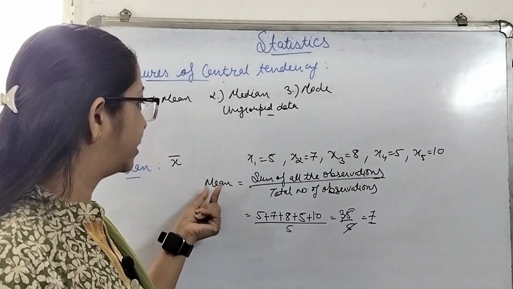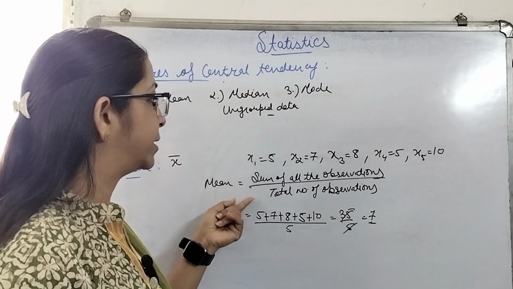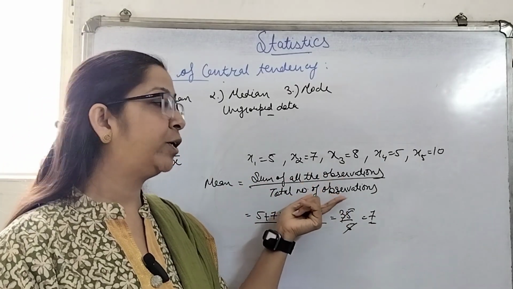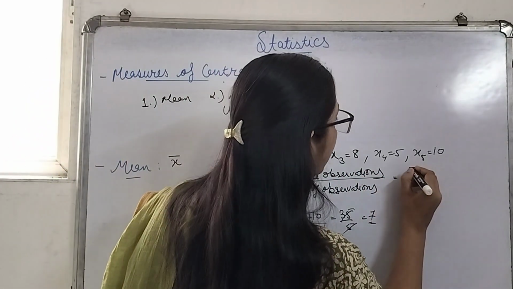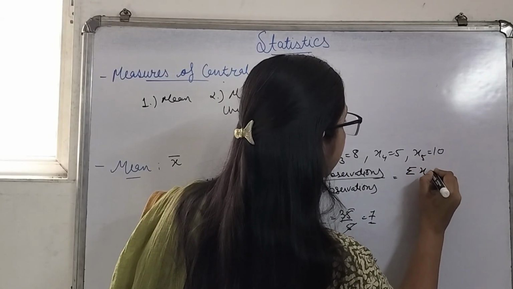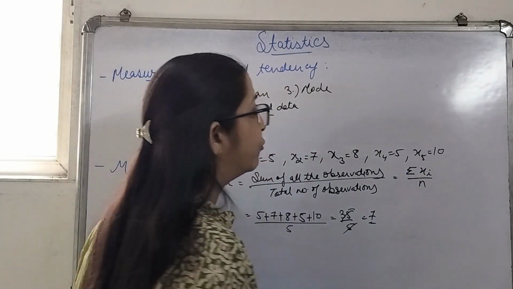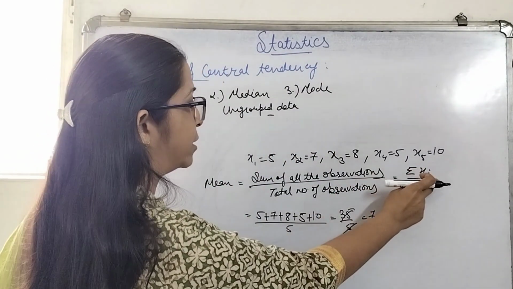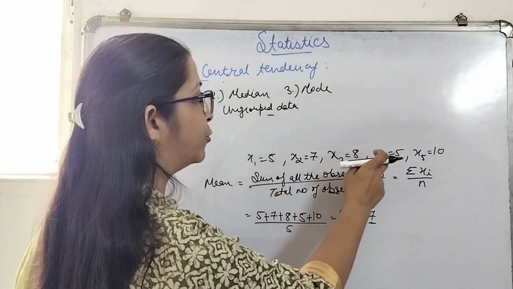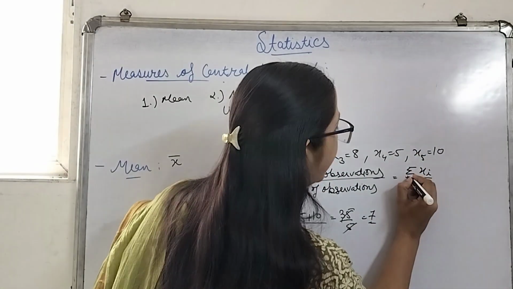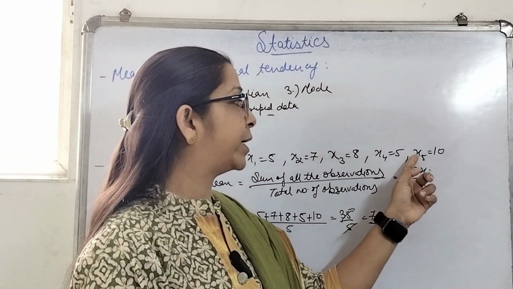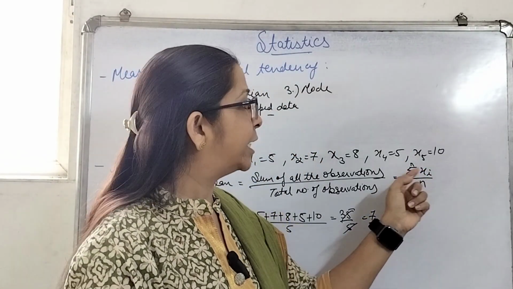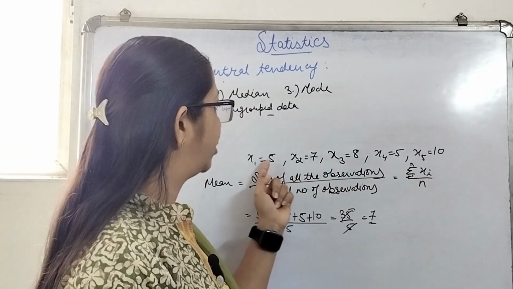So it must be clear that the mean for ungrouped data is sum of all the observations over total number of observations. So we can write it as sigma of xi over n, where xi could be your x1, x2, x3, x4, x5. That means the value of i varies from 1 to n. When the value of i is 1, it will be x1.